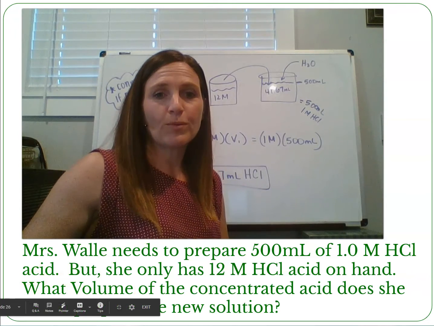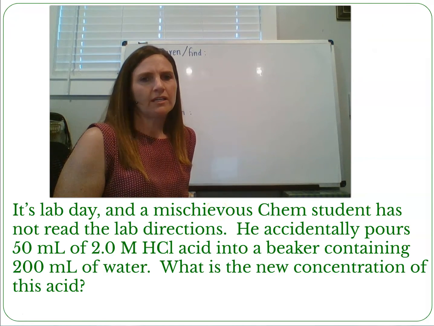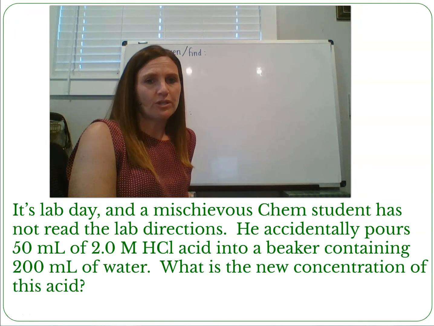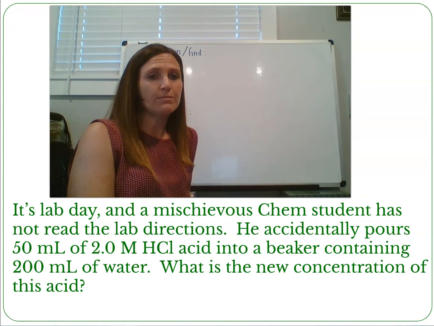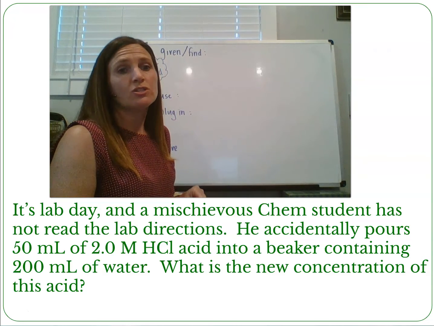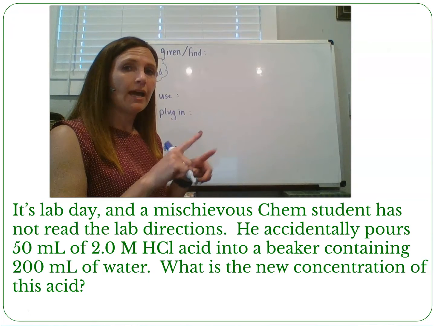Okay, so there's one more problem to do here. In this problem, this one's a little bit different. So we have a chem student who accidentally pours 50 milliliters of 2 molar HCl into 200 milliliters of water. So let's start with V1 and C1.